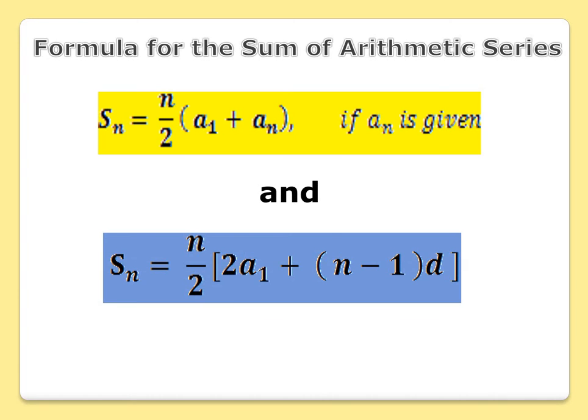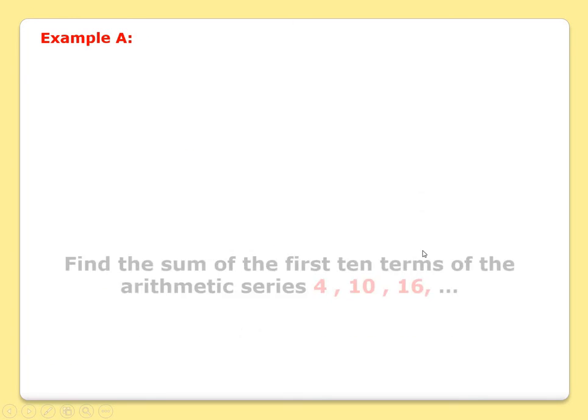And S sub n is equal to n over 2 times the quantity 2 times a sub 1 plus the quantity n minus 1 times d, if the last term is not given. So we are given two formulas in order to solve for the sum of an arithmetic series, depending on its restriction. So let's have example A.